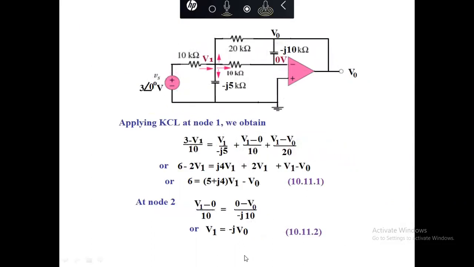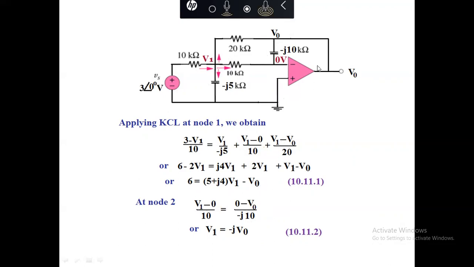Simplifying this equation, we have all these values in terms of V1 and Vout. So we have the simplified form of this equation given here.